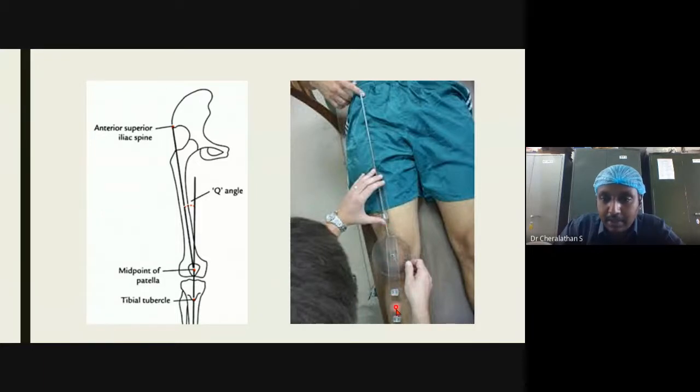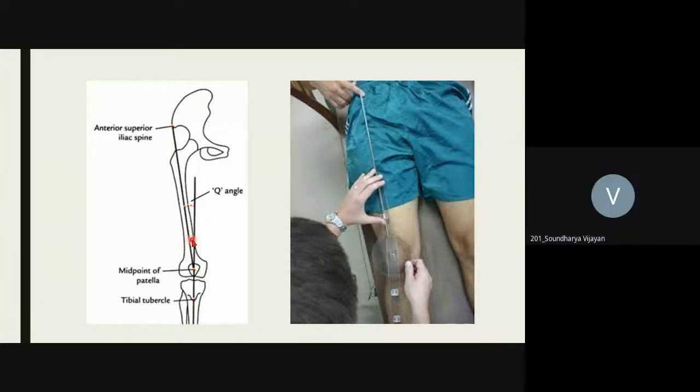Another limb is kept parallel to the line which you marked on the patient's skin. Now, you can read the angle shown. It is just like your geometry protractor, right? So it shows the angle between this line and this line. Now, this measurement is the Q angle. Is it clear now? Yes, sir.